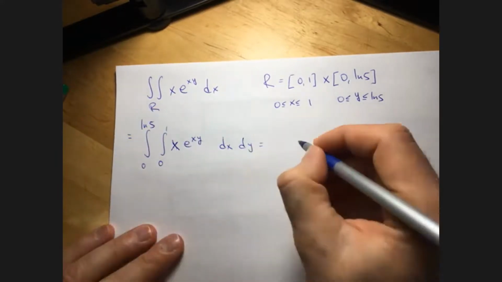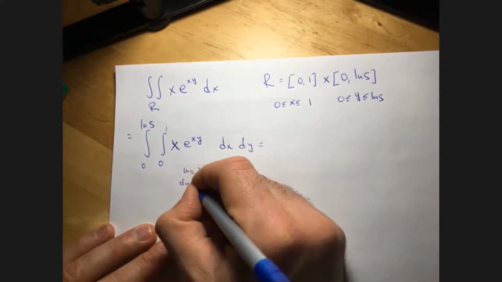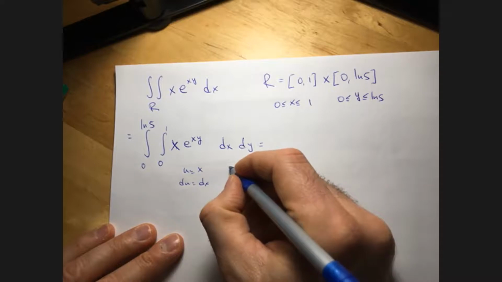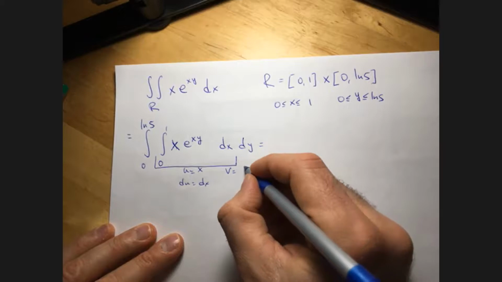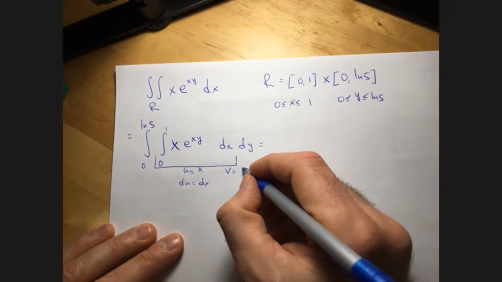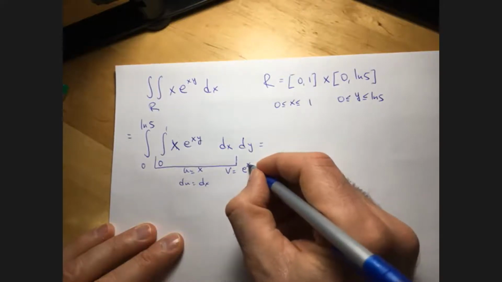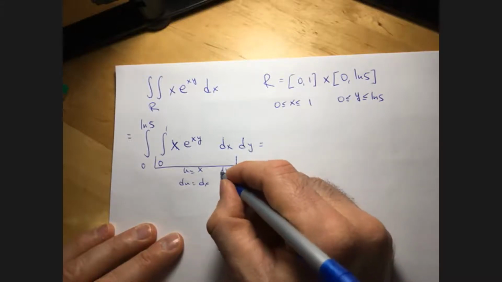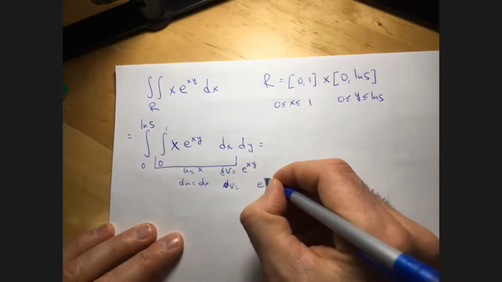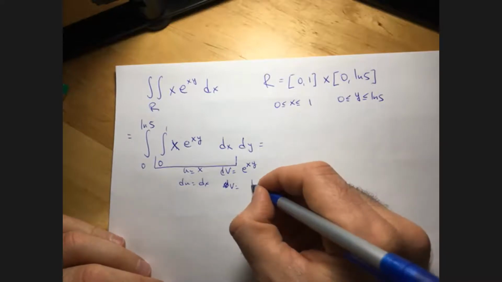Using integration by parts, u is equal to x, du is equal to dx. So I'm just evaluating this integral here. dv is equal to e to the power of xy, and then v is equal to e to the power of xy times 1 over y, since I'm treating y as a constant.